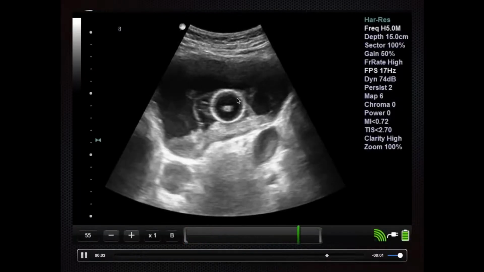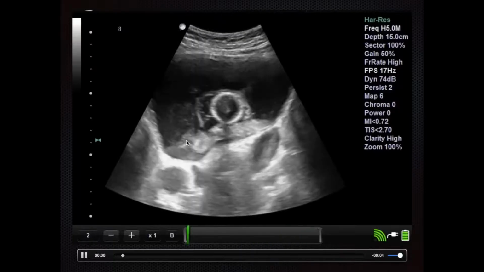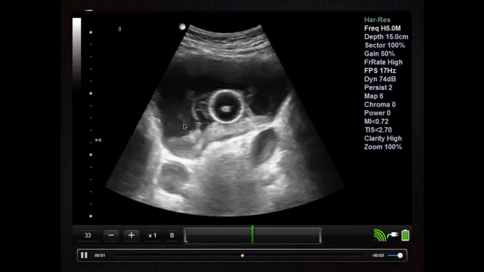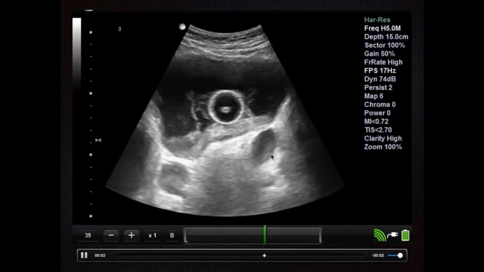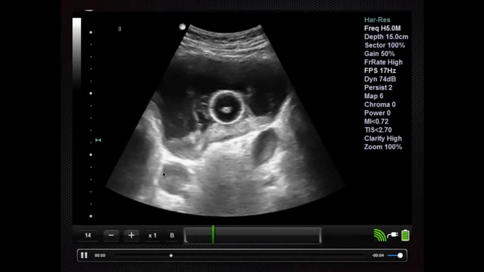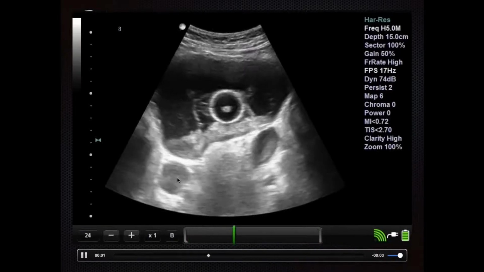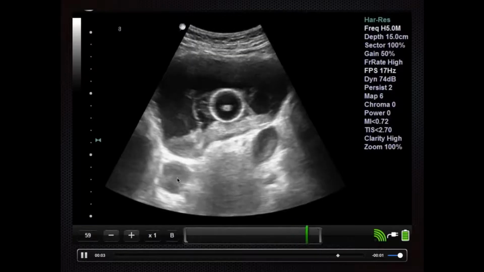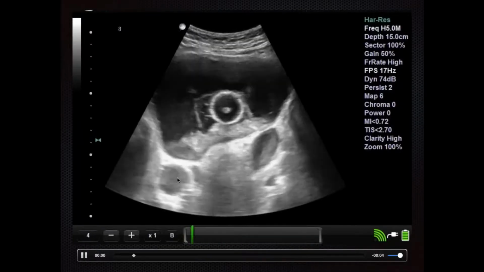Here is the balloon of the urinary catheter. But the main thing here is that you see a lot of debris within the bladder itself. And then you can see dilated left and right ureters with echogenicities within those structures. And this patient ended up having transitional cell carcinoma.